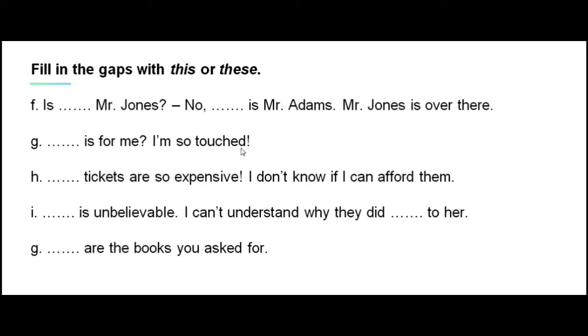I'm so touched. H. Tickets are so expensive. I don't know if I can afford them. I. Is unbelievable. I can't understand why they did to her. G. Are the books you asked for?